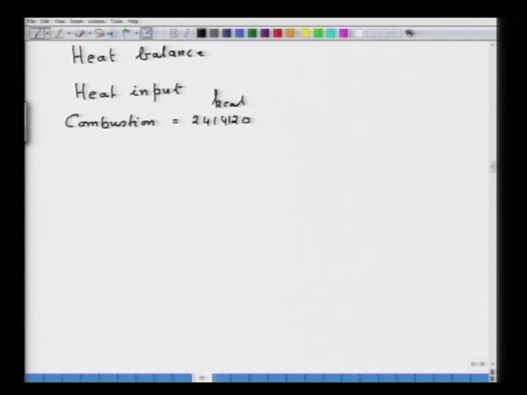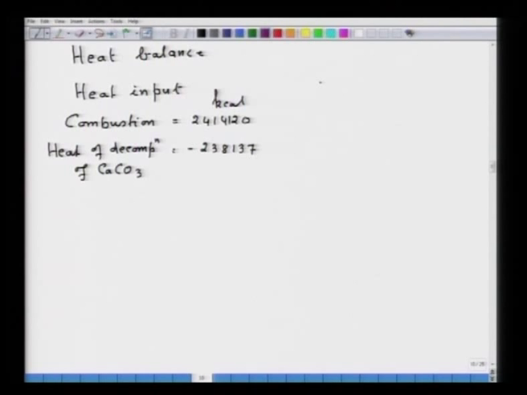Then the heat of decomposition of calcium carbonate, because this is endothermic. If I take combustion as positive, then this will be negative 238,137. This is the heat input.